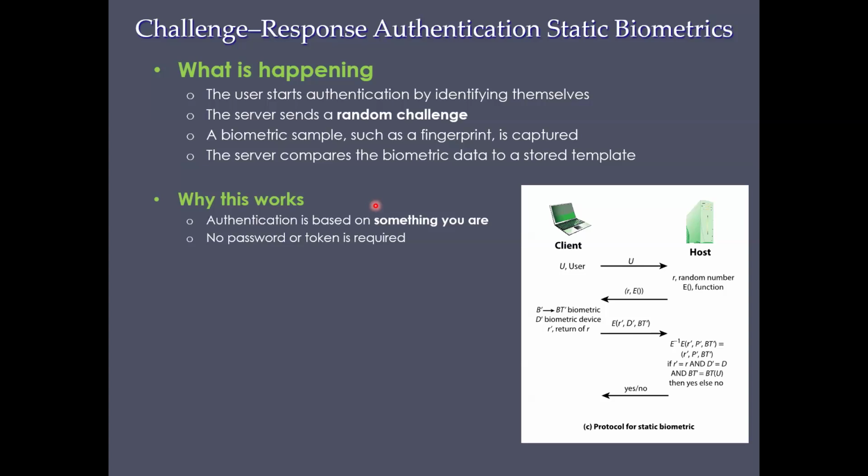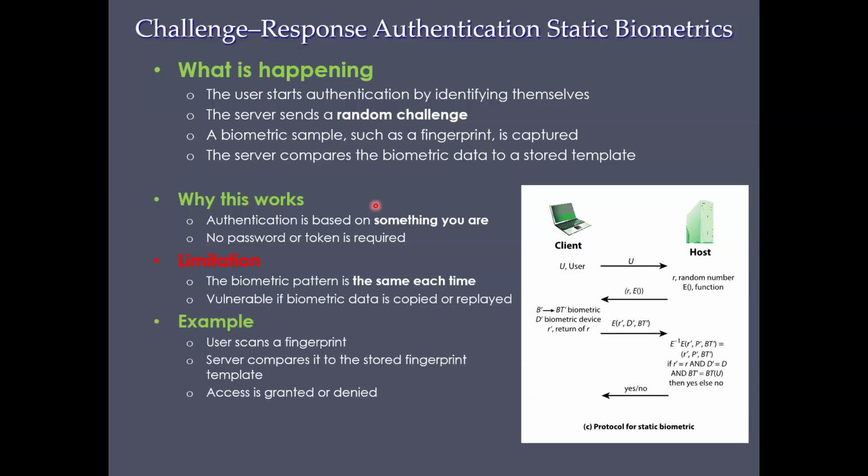There's no password or token being used. The limitation is that the biometric pattern is the same each time as originally stored the first time. It could be a vulnerability if the biometric data is copied or replayed. So for example, the user scans a fingerprint, the server compares it, like we said, to the database across feature comparison, and access is going to be granted.